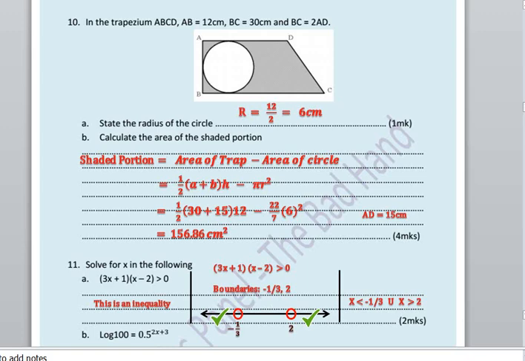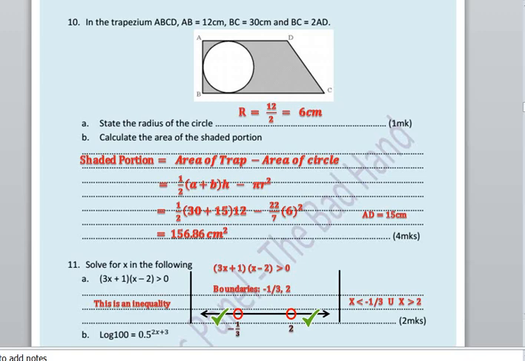So AD should normally be 15. So the first thing is to state the radius of the circle. Since the lines AD and BC touch this circle, and these are at right angles with the line AB, therefore AB should normally be the diameter of this circle, and the radius will be AB, which is 12, divided by 2, giving us 6 centimeters.